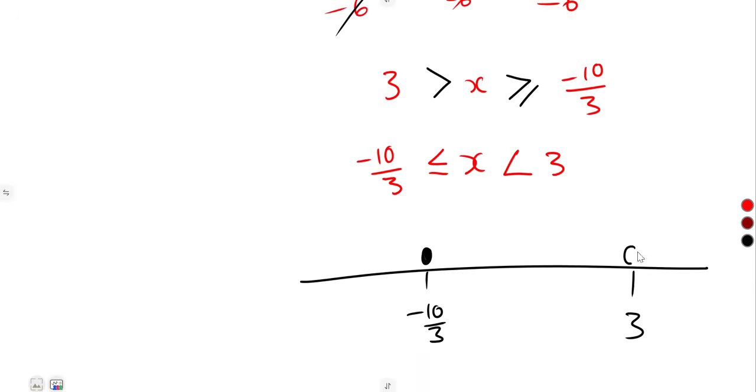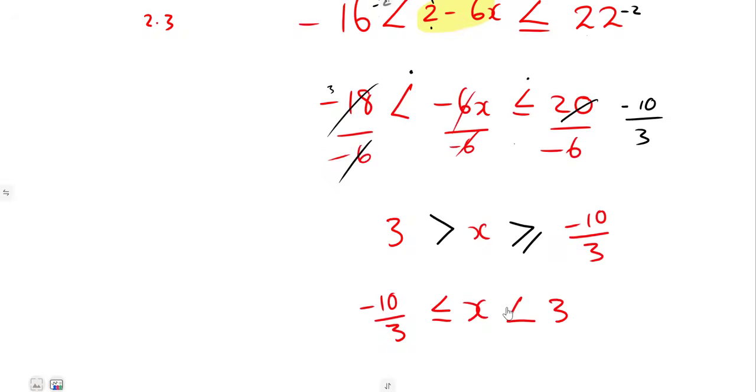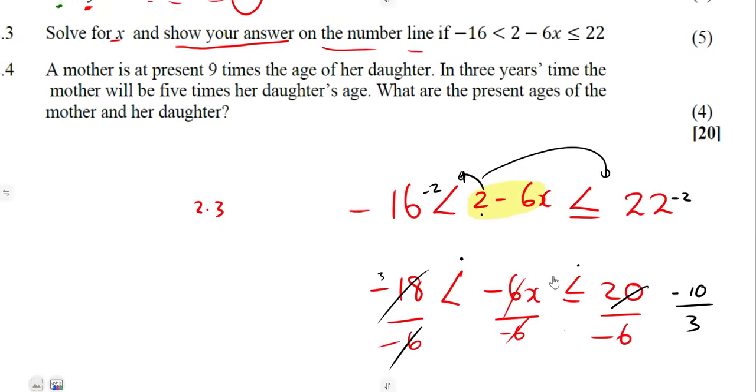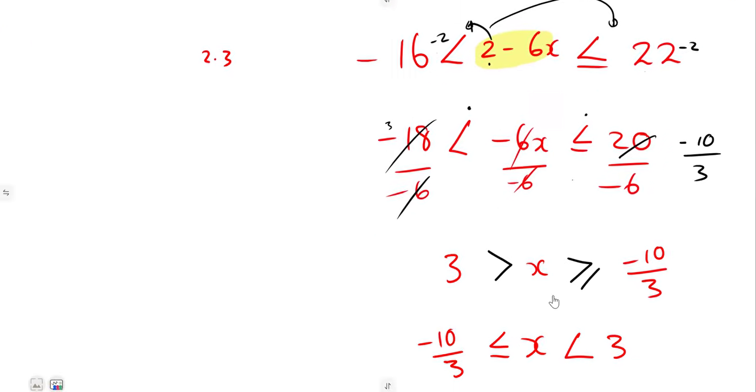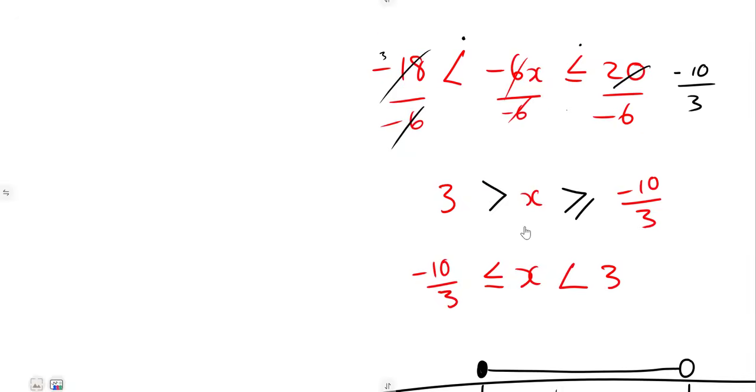For less than, you just put the circle, do not shade, and join, and you're done. So these are the critical values represented. Yes, you can even indicate a 0, but critical values are the only ones that are important. That was it. You had to solve it in that manner.